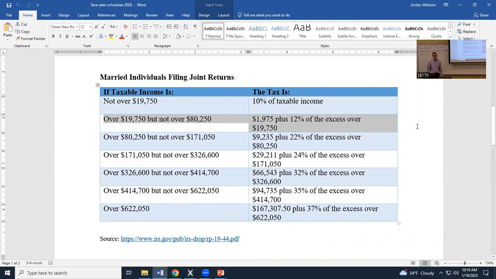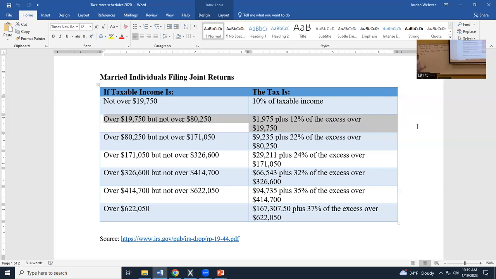So they're in the 12% tax bracket. Everybody get that? Be careful of that. The tax bracket is determined by the taxable income. Sometimes after deductions, you're in a different tax bracket than before deductions. Okay. So this person is in the 12%.